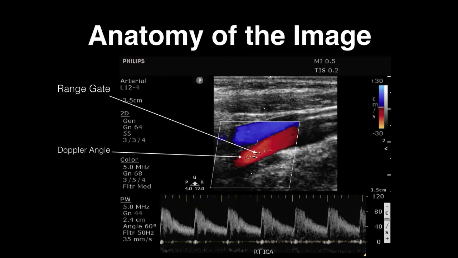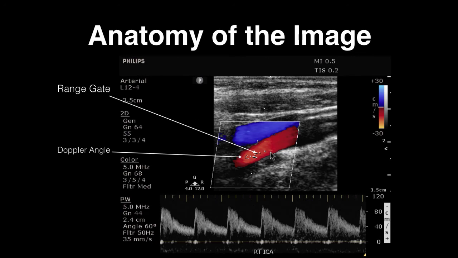To obtain a spectral analysis, on most machines you're going to hit the PW button, which stands for pulsed wave, and you'll do that after you have a good grayscale image of your target vessel. Now, I will normally do this in the duplex fashion, where as you can see here, on the top of the screen I have color flow imaging, and below I have the spectral analysis.